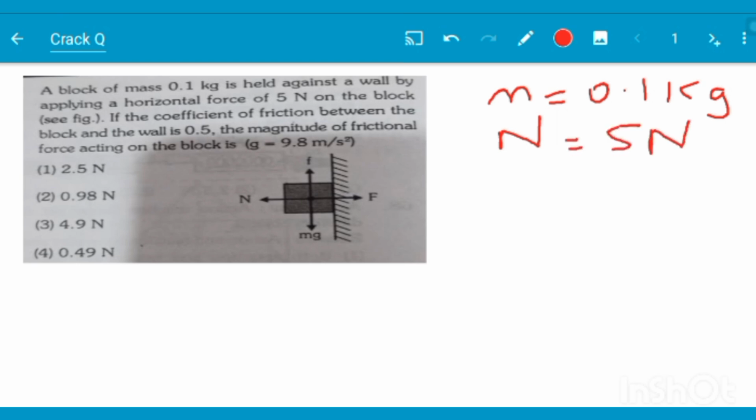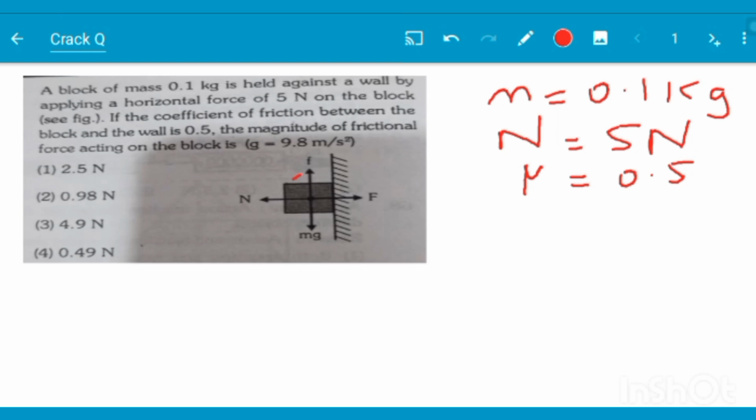Now the coefficient of friction between this block and this wall is 0.5, so mu becomes 0.5. Now we should be able to find the frictional force.